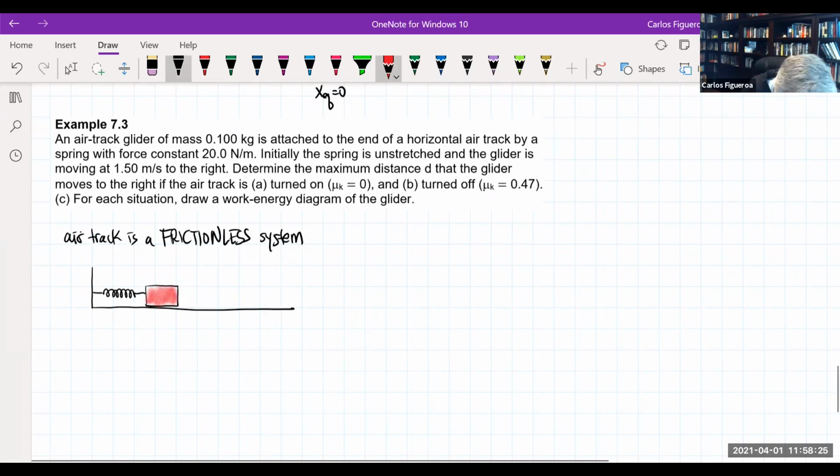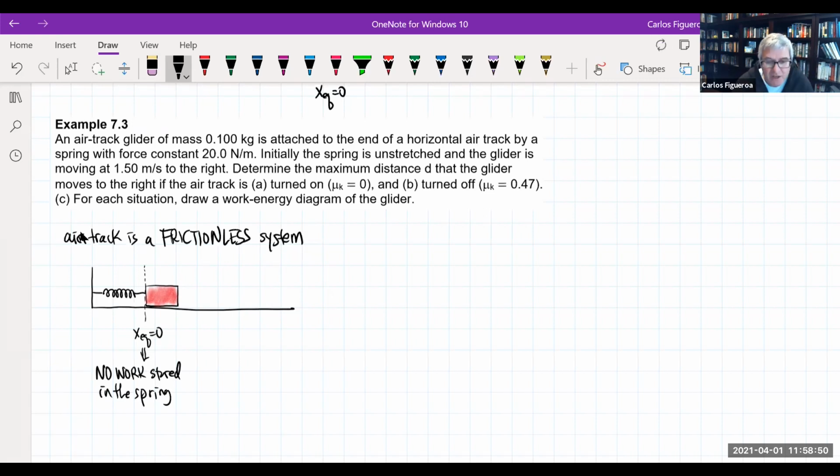At this point, this is the x equilibrium, which means there is no energy, no work stored in the spring.